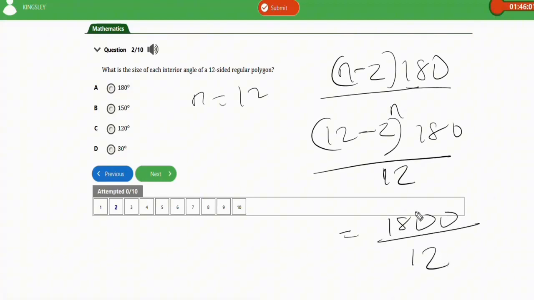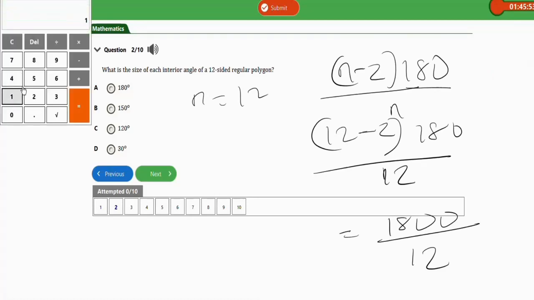Let's punch this on the calculator and see what it's going to give us. So this is the JAMB calculator. We have 1800 divided by 12. So we have it to be what? 150 degrees. So the size of the interior angle is 150 degrees. As simple as this. Alright, so let's wipe this and solve the next repeated question.